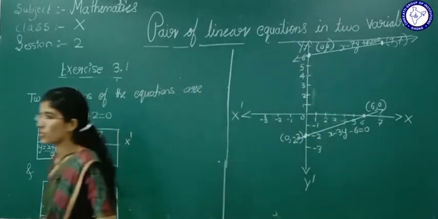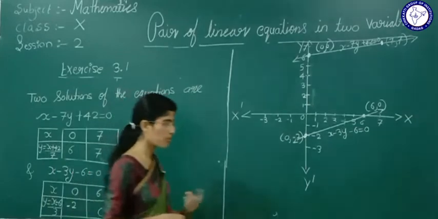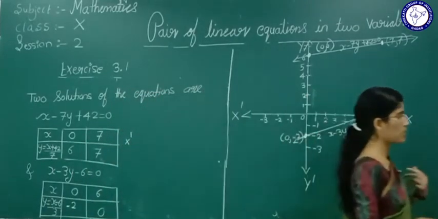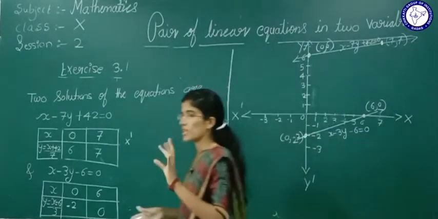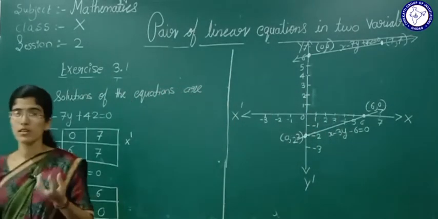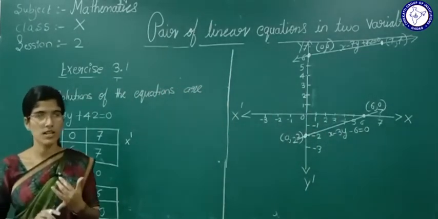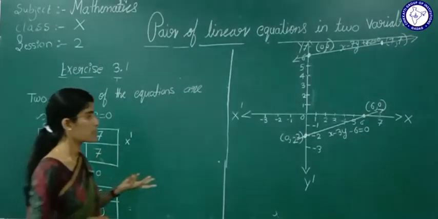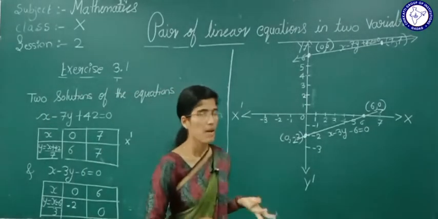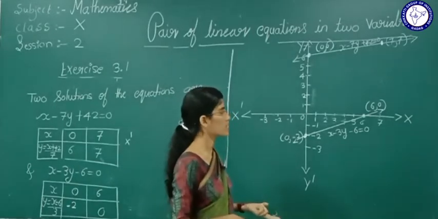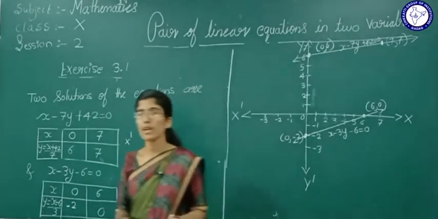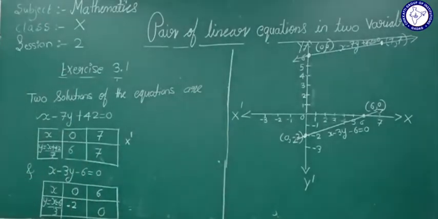Now see, I told in the last class, if you plot a pair of linear equations in a graph, one of three conditions will occur. They may be parallel lines, intersecting, or coinciding.